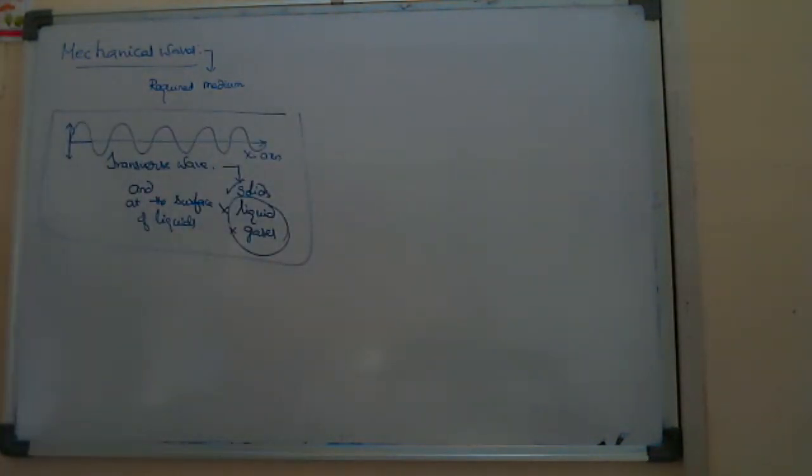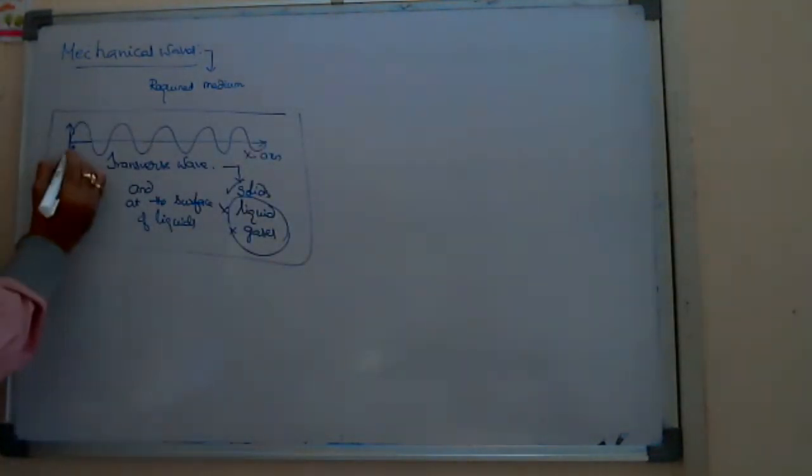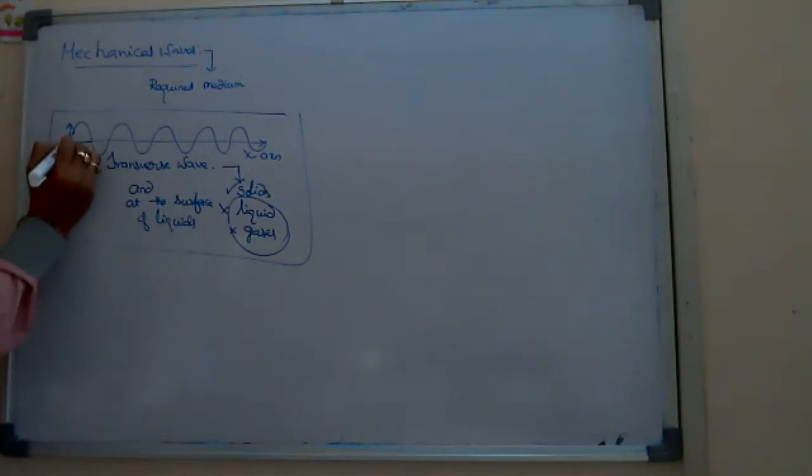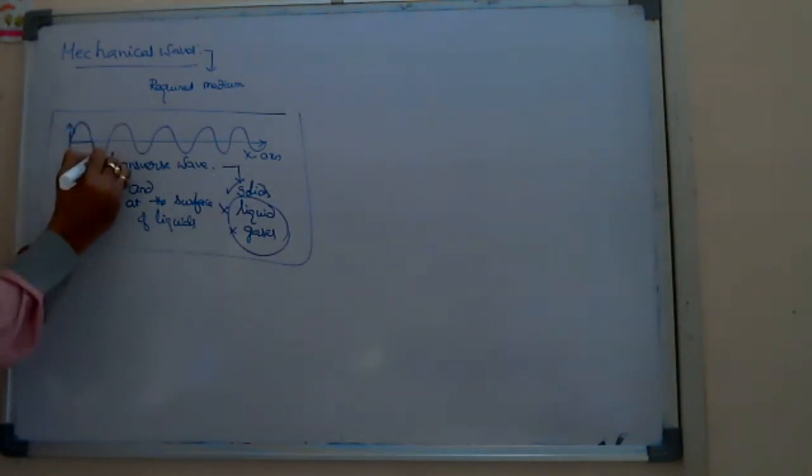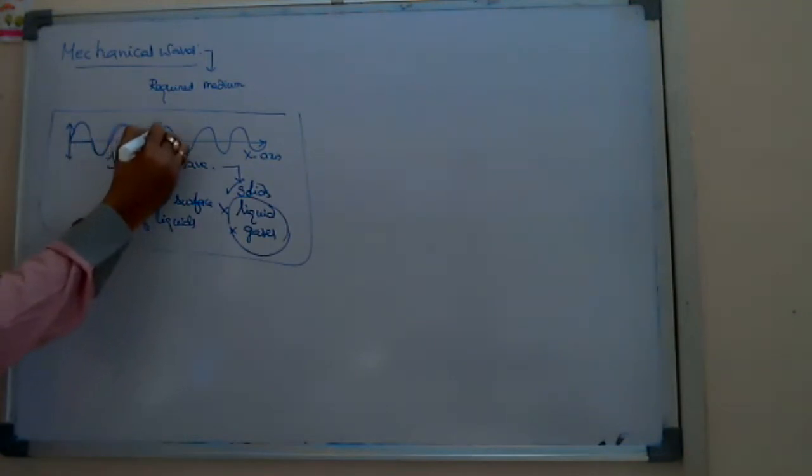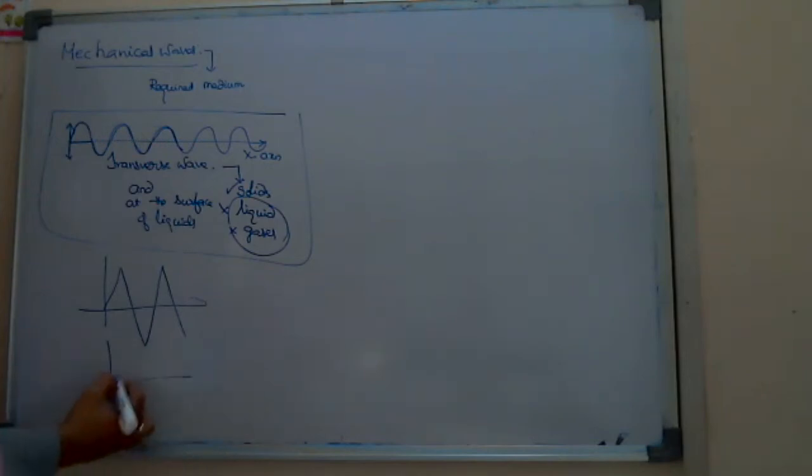Okay, briefly. In this transverse wave, when medium particles are vibrating, if you observe the sinusoidal wave, the sine wave, not other types of waves like sawtooth or triangular waves.